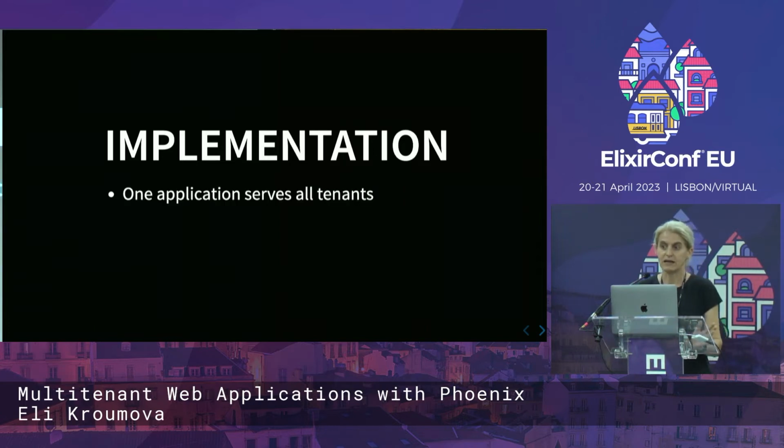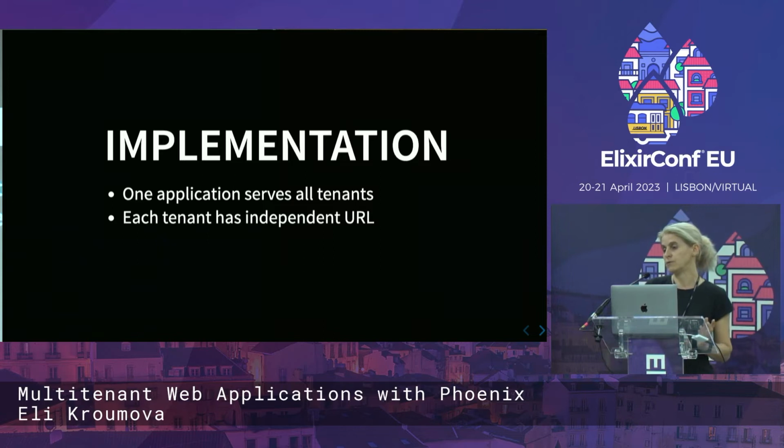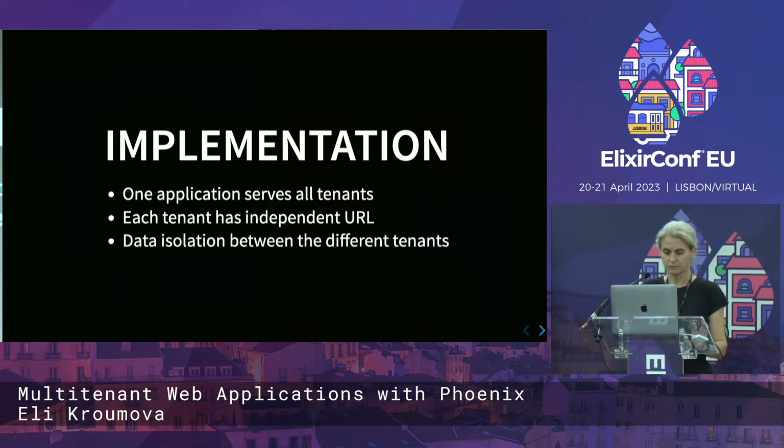The case that I will be talking about is the case where we have one application that will serve all the tenants. Each tenant will be identified by the URL. You can identify it by the subdomain of the host, for example, or you can have the same host and use a URL parameter to identify the tenant you want to access.